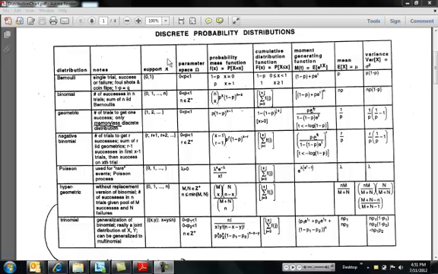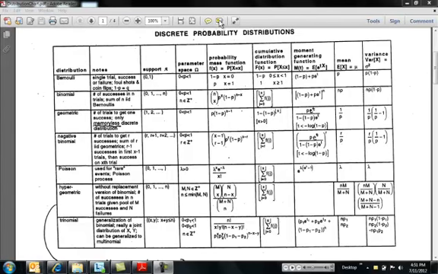So I'm just going to point out that already for discrete, you should be familiar with actually most of these. So let's see, the first random variable we talked about, the Bernoulli random variable, was the first one I introduced, that it's just you do something once and either it's a success or failure.